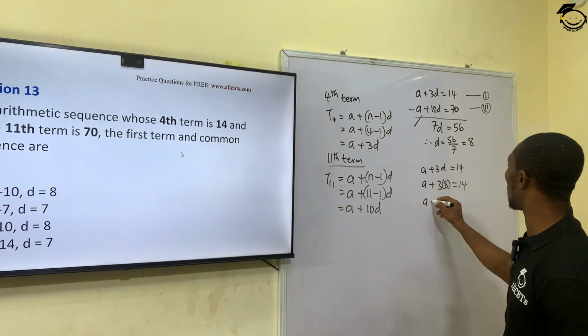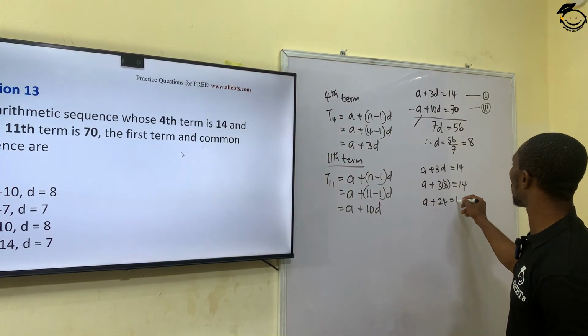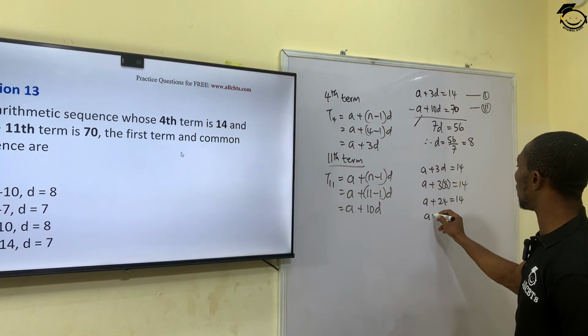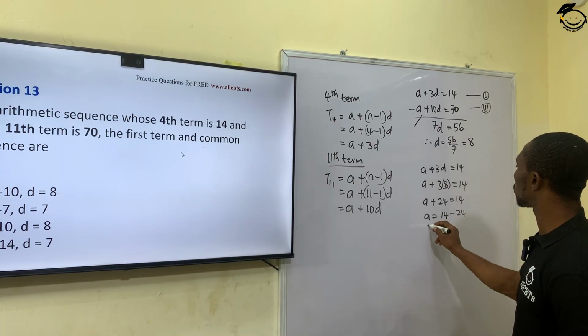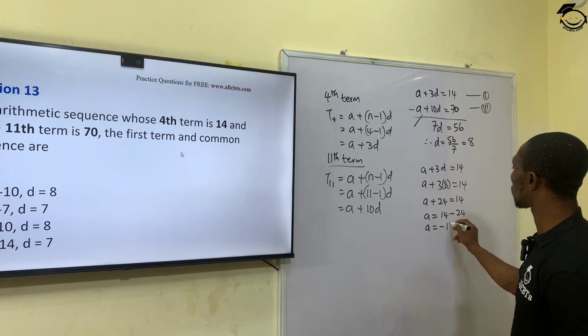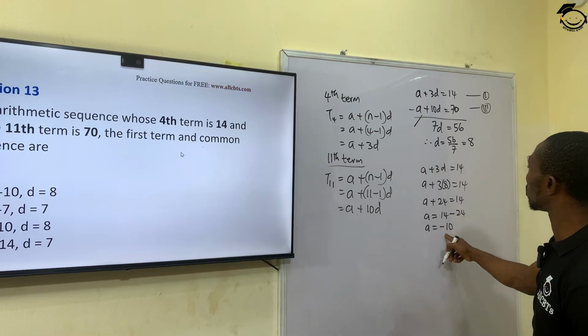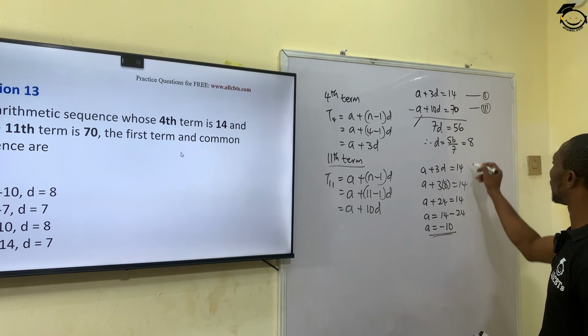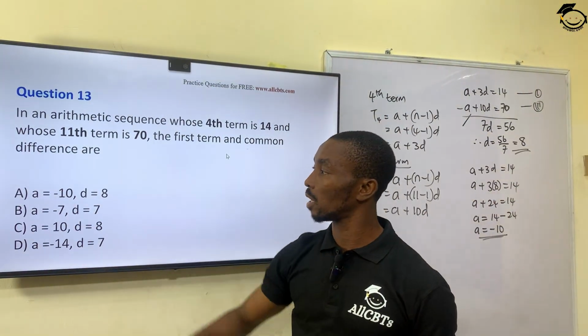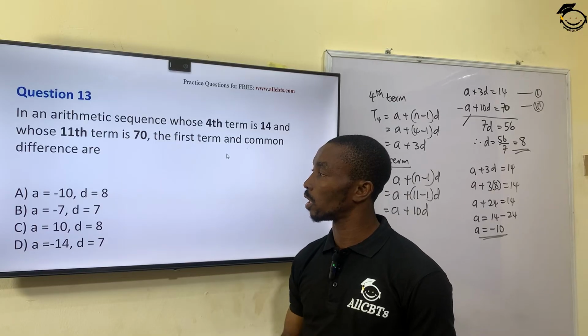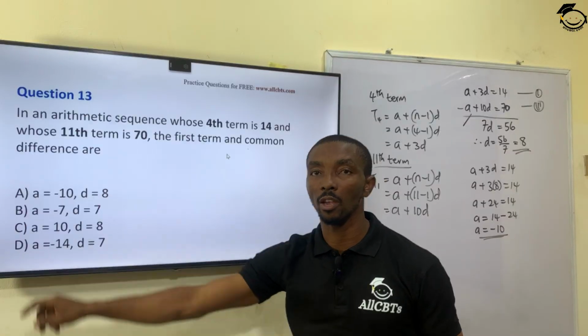So this becomes a plus 24 equals 14. So our a would be 14 minus 24, which will give us a equals minus 10. So the value of a is minus 10, and the value of d is 8. So a equals minus 10, and d equals 8, which is our option A.